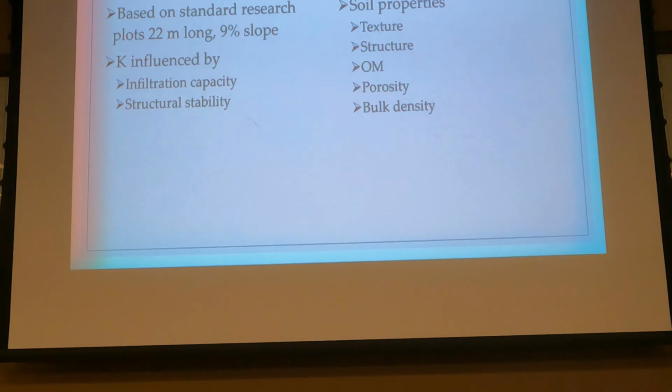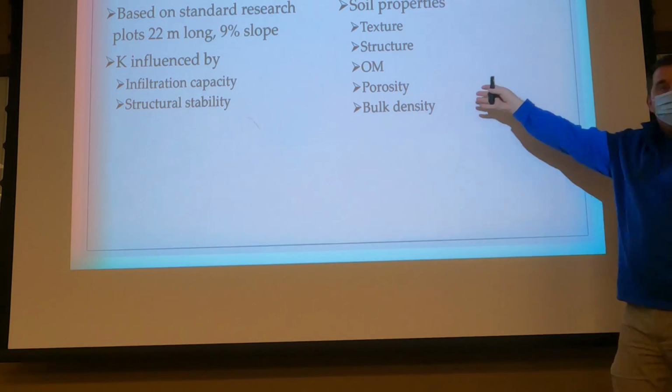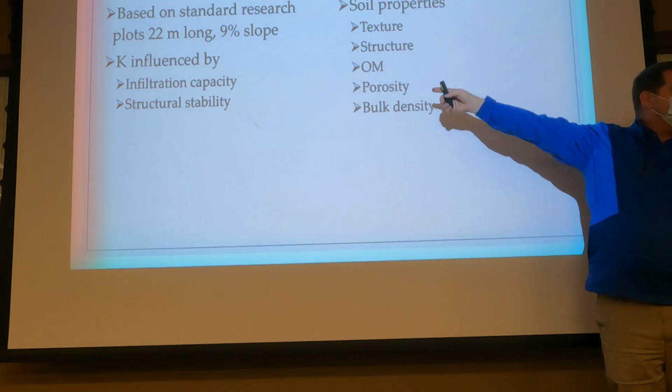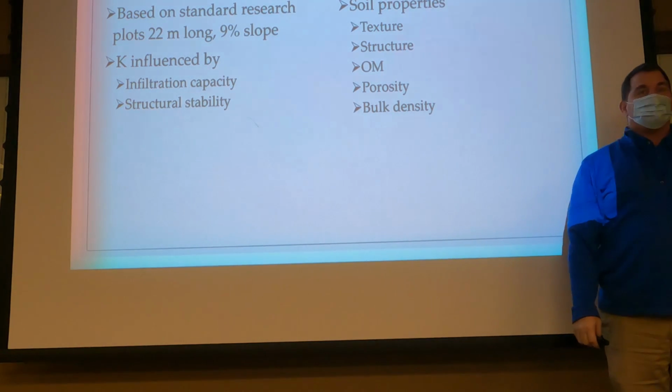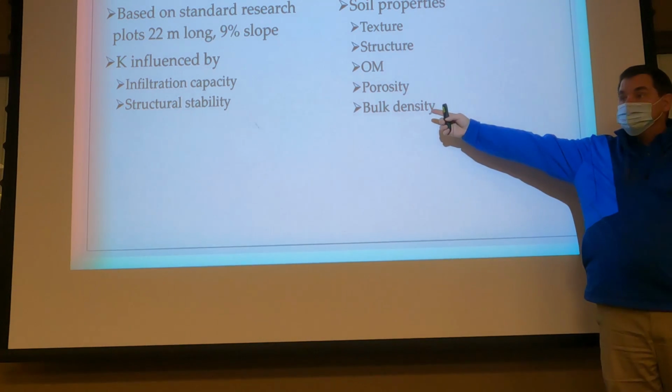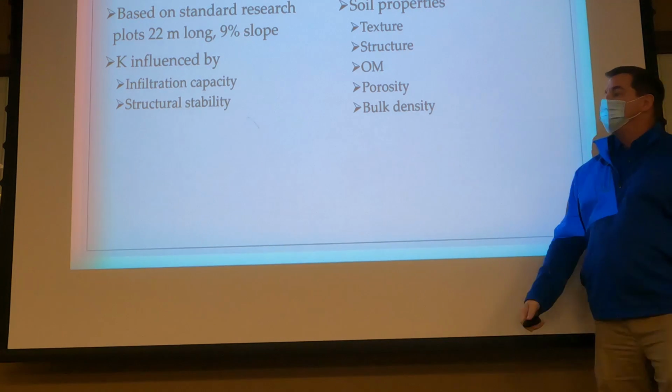So all of those things that we talked about last month are now becoming applicable here this month. I guess each module will be about a month long. So now, this is why we talked about those things in the beginning of the semester. They influence our soil erodibility.